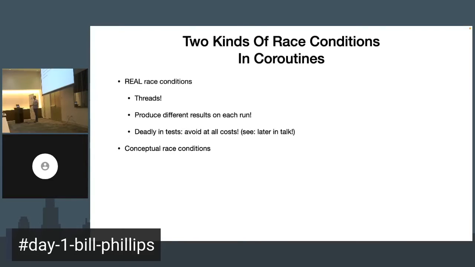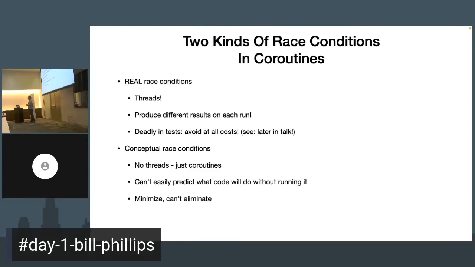The other kind of race condition that we run into in coroutines are what I call conceptual race conditions. The difference here is that there aren't any threads in these race conditions, just coroutines. You can't easily predict what the code is going to do without running it, but you do know it's going to run this exact same way every time that you run it. We can minimize these kinds of race conditions, but if we're writing coroutines code, we can't eliminate them.